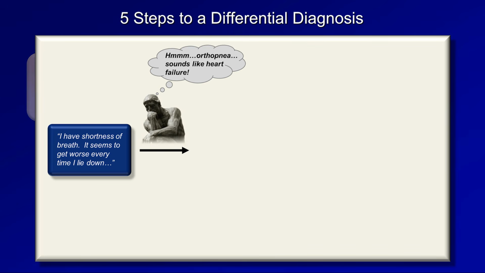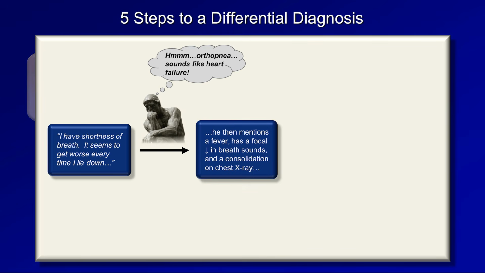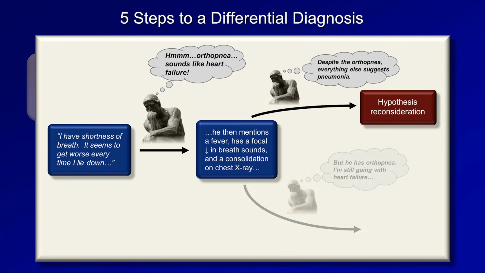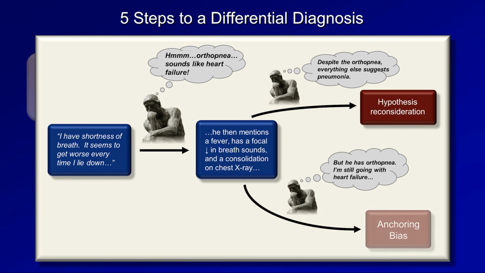If the clinician then learns the patient has a fever, has a focal decrease in breath sounds on exam, and a consolidation on chest x-ray, he or she should reconsider their original hypothesis. If the clinician fails to reconsider the initial leading diagnosis of heart failure, even after acquiring much data suggesting a different diagnosis, in this case pneumonia, he or she has committed anchoring bias.